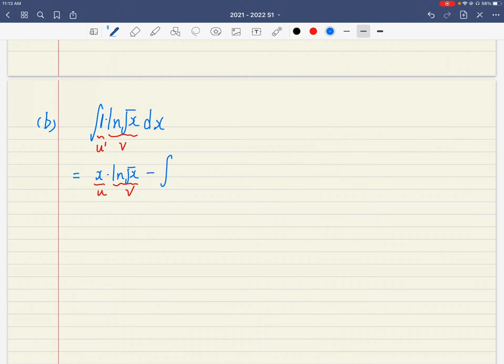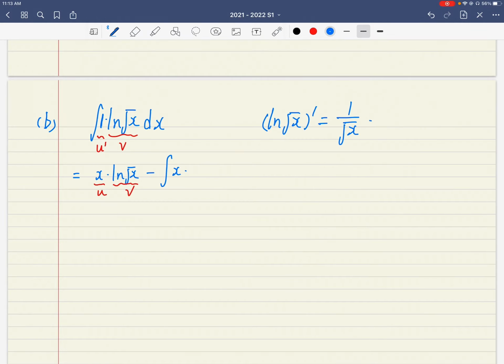Minus the integral of u's derivative. So what is u's derivative? Sorry, u times v's derivative. So just differentiate ln square root of x. If you differentiate it, use the chain rule.